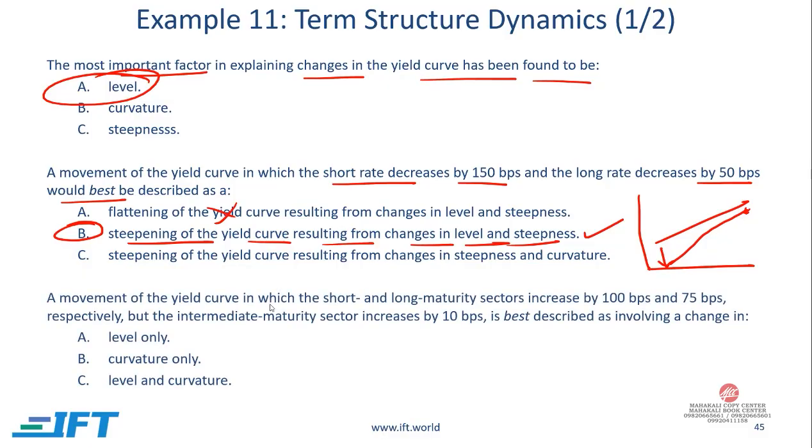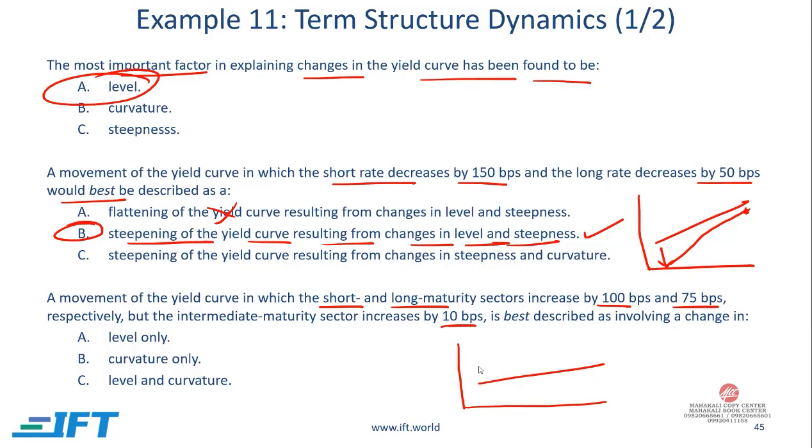A movement of the yield curve in which short and long maturity sectors increase by 175 basis points respectively, but intermediate maturity sector increases by 10 basis points is best described as what? So what's happening here is that we start out with a yield curve and we are told that long and short maturity increase by quite a bit.